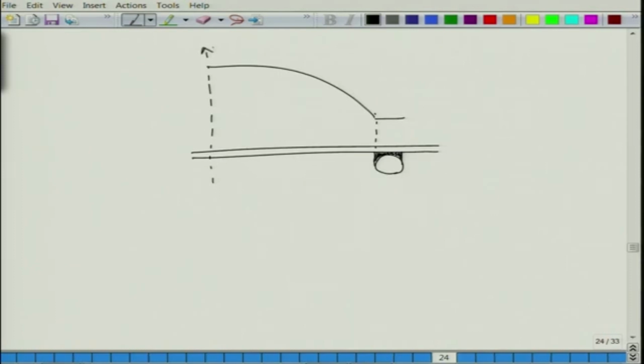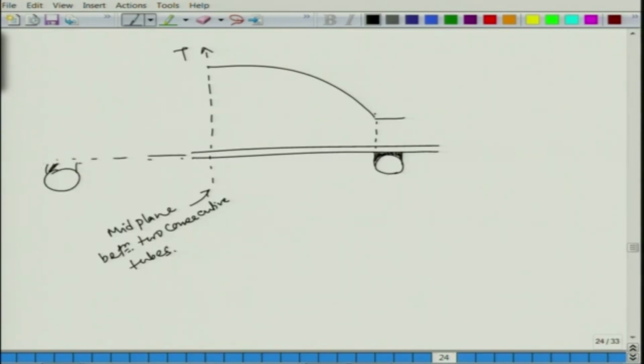So, this direction is T, and this is the mid plane between two consecutive tubes. Okay. So, basically you have another tube here which is at equal distance from this plate. That is what it means.